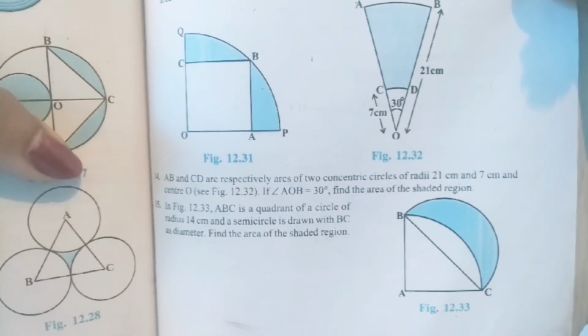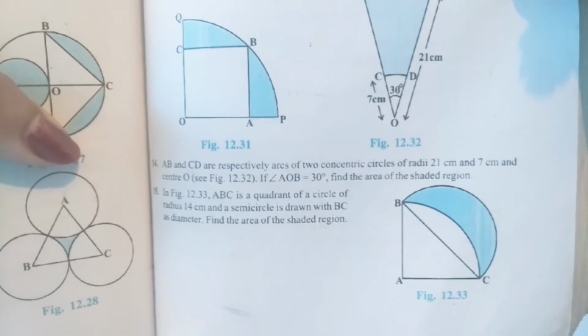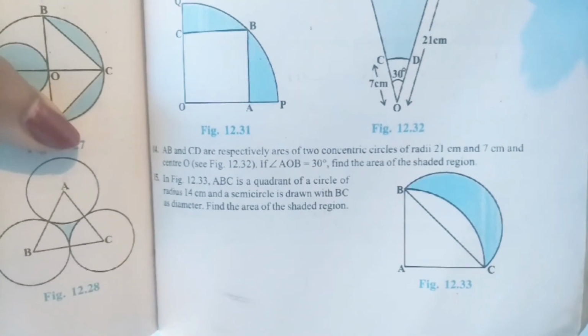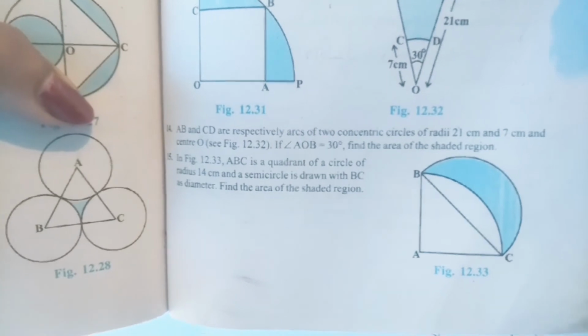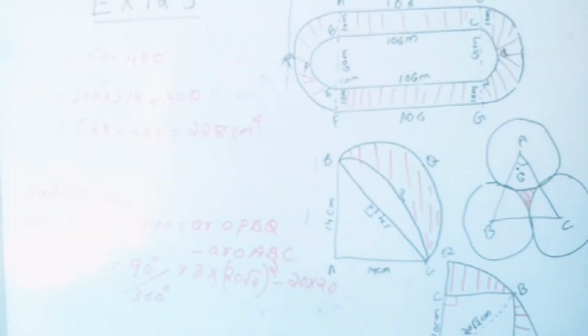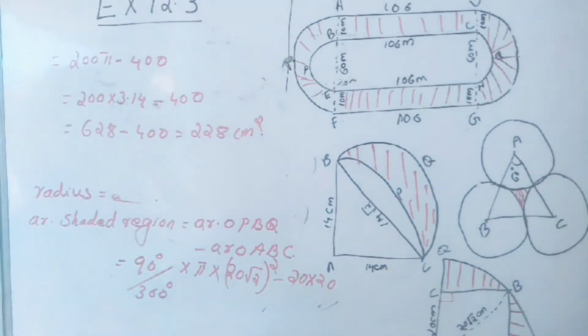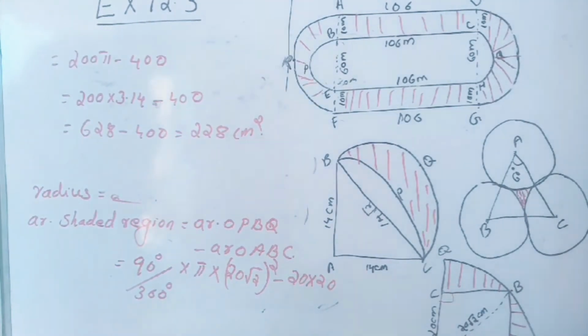In figure 12.33, ABC is a quadrant of a circle of radius 14 centimeter and a semicircle is drawn with BC as diameter. Find the area of the shaded region. ABC is a quadrant, that is given in the question, and we need to find out the area of the shaded region.